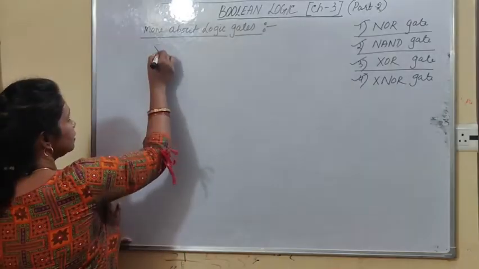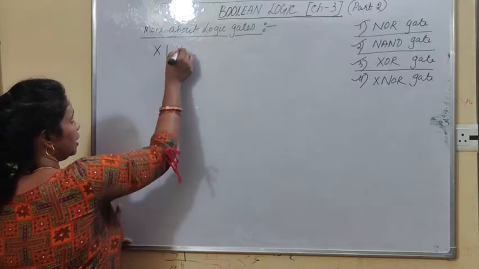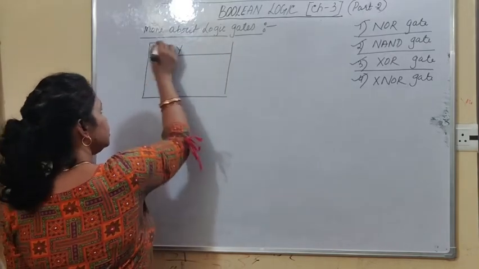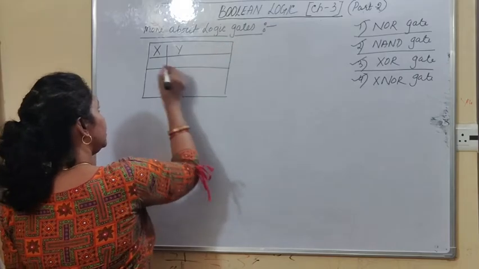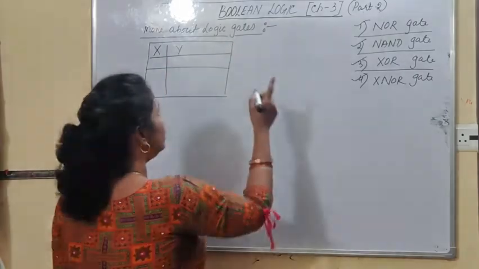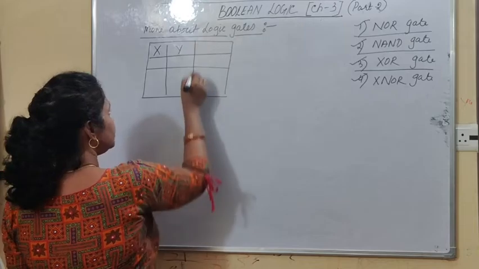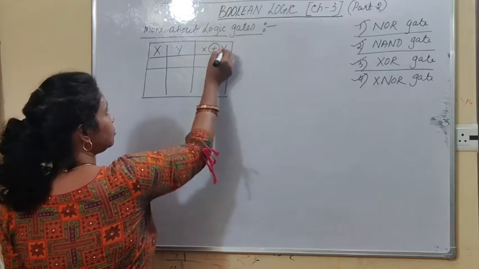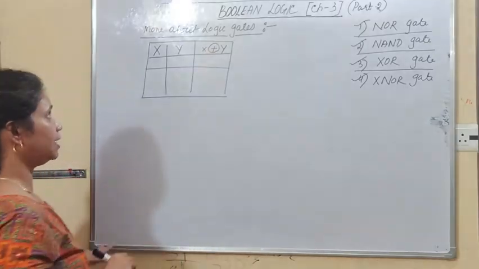So, it is X and Y if we have two variables. Now you see the definition of exclusive OR gate, and it is represented by this symbol: X, a plus sign, and after that just circle it. It is known as the exclusive OR operator, right?